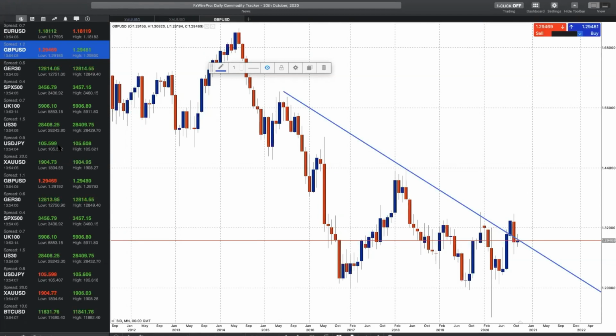My colleagues Fawad and Carl might have their own opinions, but in my view, probably the most favorable scenario for the dollar would be a Biden win and Republicans holding the Senate.